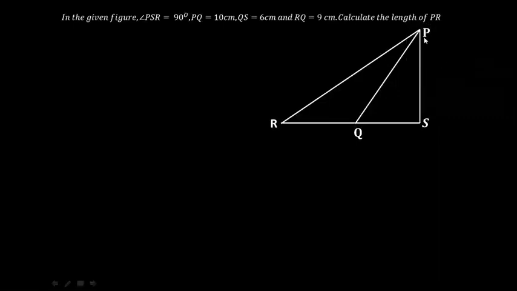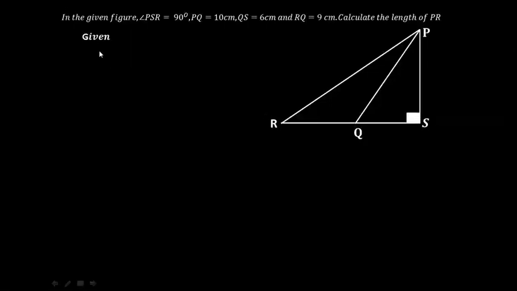So if I need to find the value of PR by using the Pythagoras theorem, then PR whole square is equal to RS whole square plus PS whole square. So that means if I need to find the value of PR, I should know the value of RS and PS. Let's check.